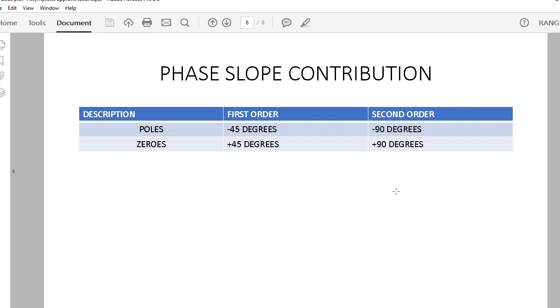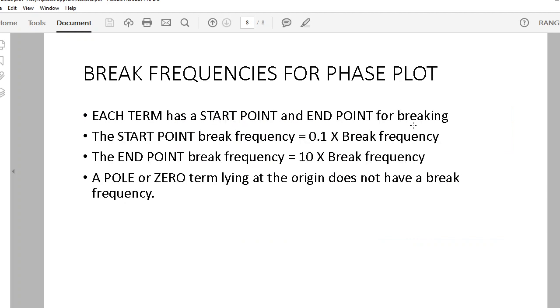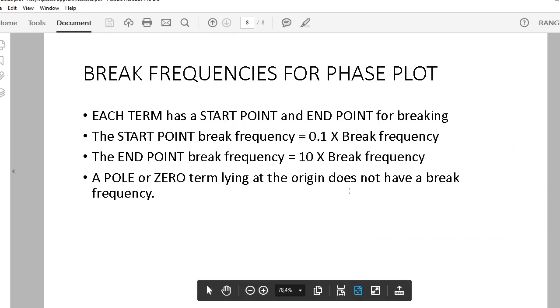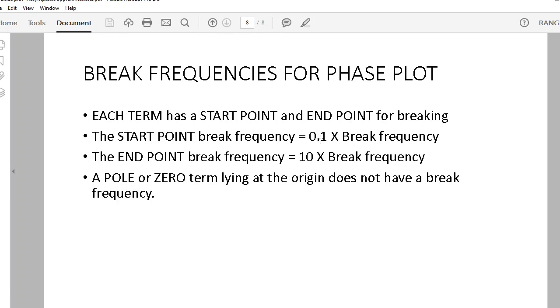But like I mentioned, the scope of this study limits us to looking at just the first and second order, right? Next thing is, how are we going to draw the table? So here we have it. Now there's a slight difference here from the magnitude plot. In the magnitude plot, we saw that we had only one break frequency for each term.